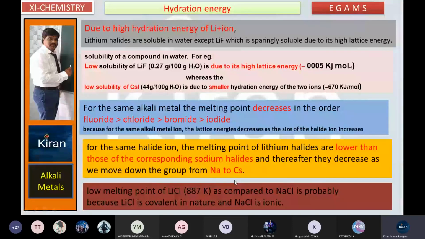Why lithium chloride is covalent, we have studied in Fajans' rules. Smaller cation size and larger anion size indicate covalent character. Based on that, lithium chloride is covalent and sodium chloride is ionic. That is the reason sodium chloride possesses a high melting point compared with lithium chloride. Keep it in your mind.